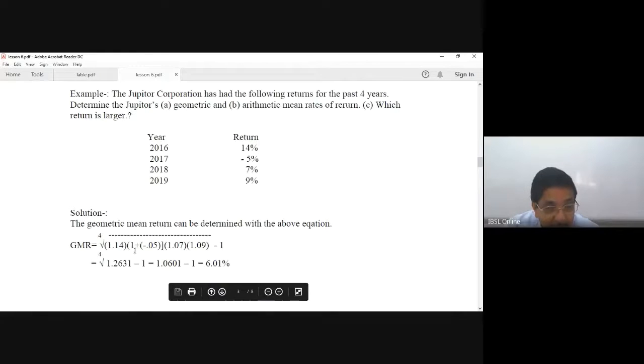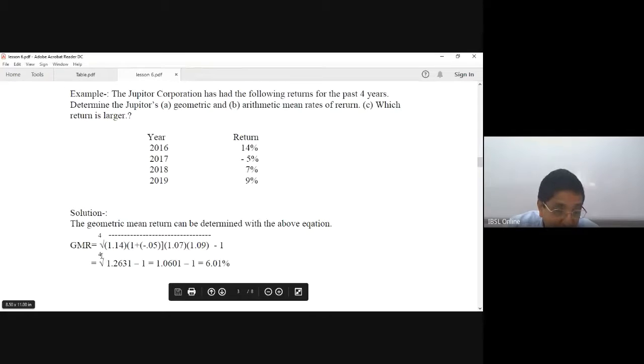So the multiplication is 1.14 into 0.95 into 1.07 into 1.09. That comes to 1.2631. If you want, you can do the calculation and see whether this is correct.